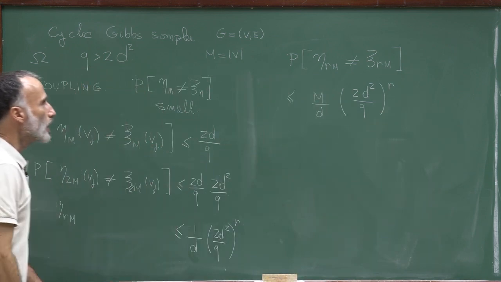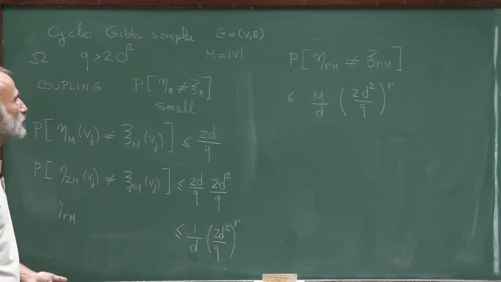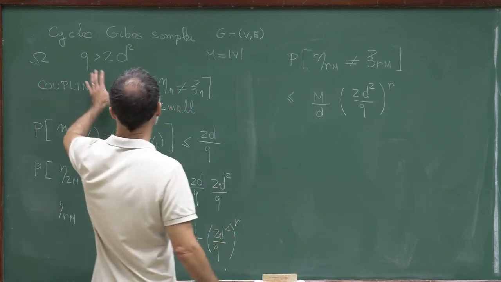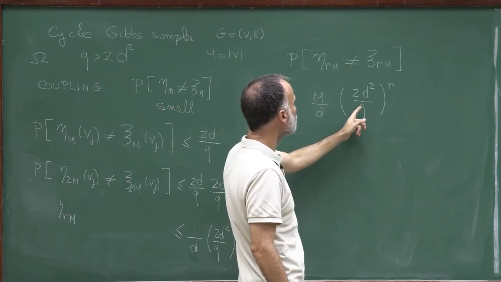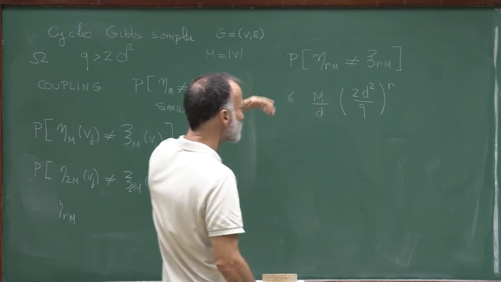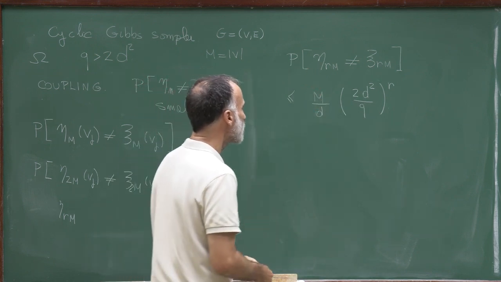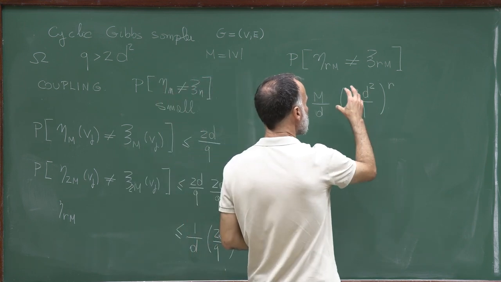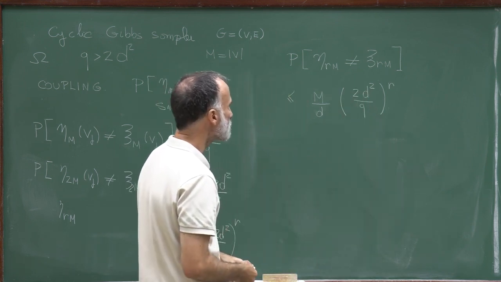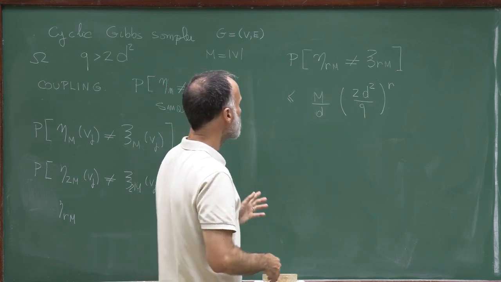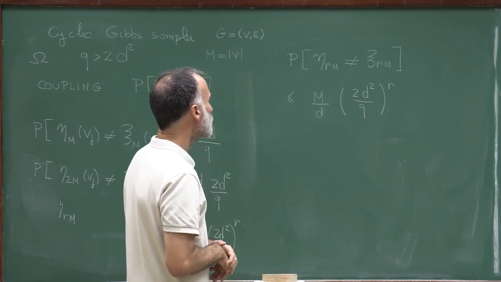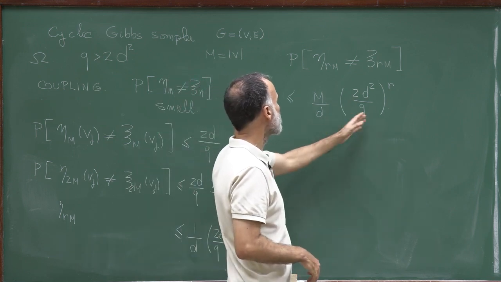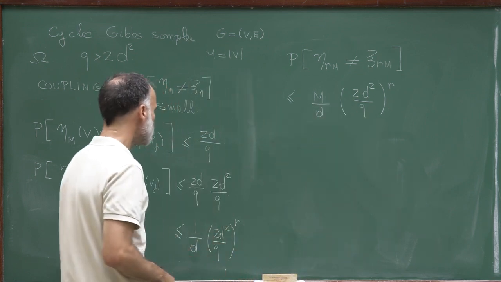And now we have an explicit bound, right? We have an explicit bound which depends on the parameters of our model, q and the degree. While in the general theorem we did not have a value for the coefficients appearing in the proposition, in this model, by using this coupling, we have an explicit formula to bound that.